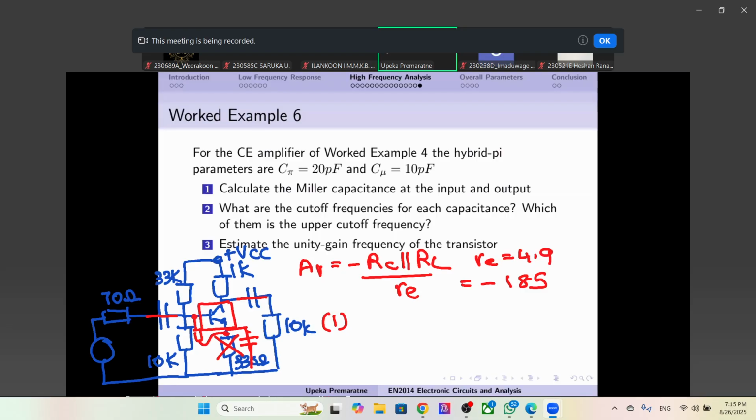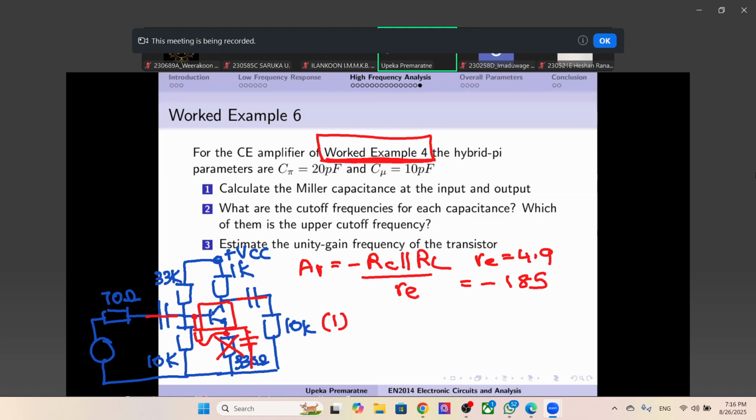For this I haven't given the thermal voltage because it's based upon the values that we got from worked example 4, which we did in class, in our previous class. So I'm using the values that I used for that. So the gain is minus 184.